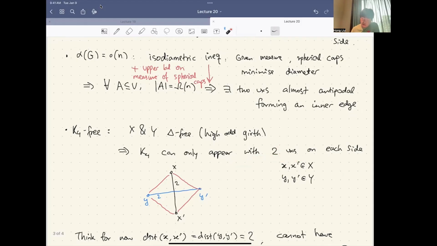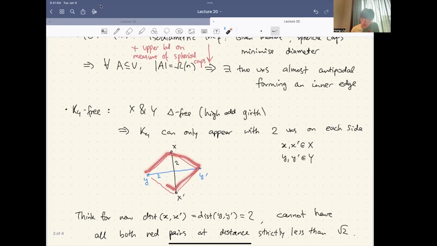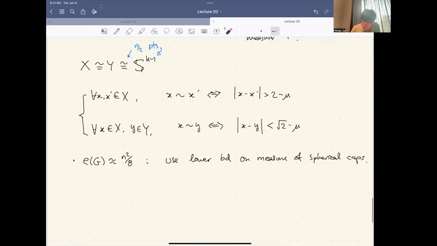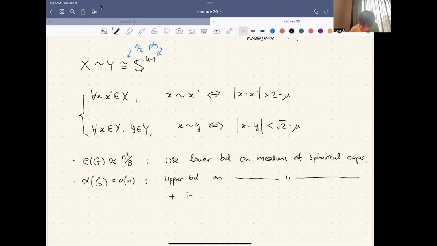We need to check that this geometric intuition works robustly. So upper bound on this plus isodiametric inequality.